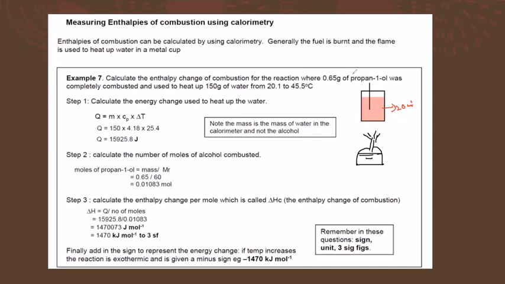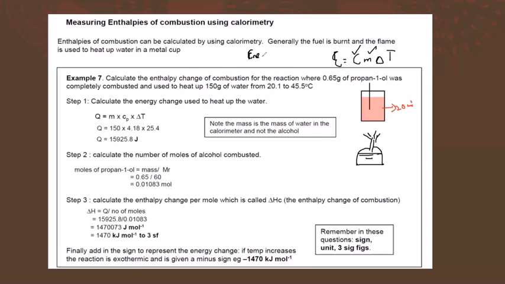Using the difference between the initial and final temperature, we will find the change in temperature. To find how much energy is absorbed by this water, we can use the formula E equals c m delta T, or Q equals c m delta T, where the specific heat is 4.18, m is the mass of the water which we measure, and delta T is the temperature change, so we'll know how much energy is released. But to get the enthalpy change, because the term enthalpy change means energy released per mole.